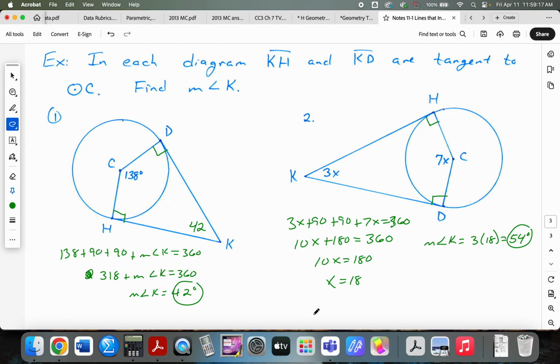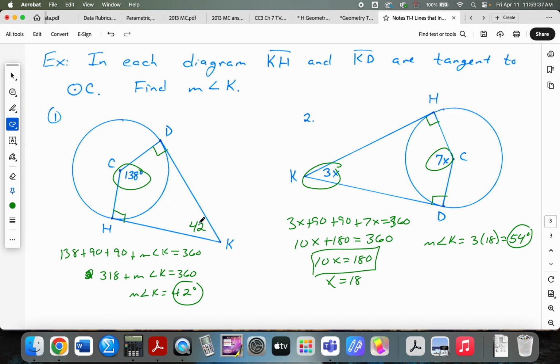Before we move on to the last bit, I want you to notice something. In this one, 3x plus 7x gives me what? 10x. And what is 10x equal to? 180.